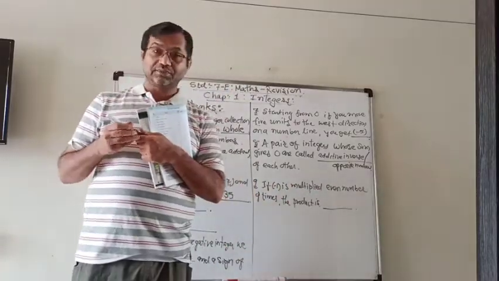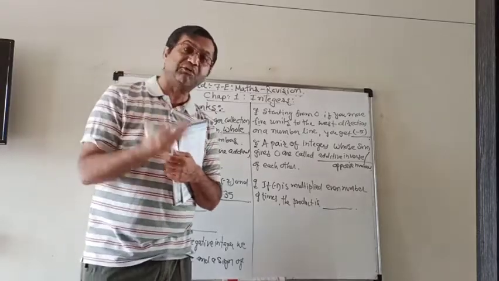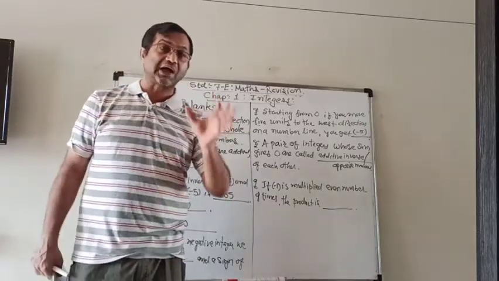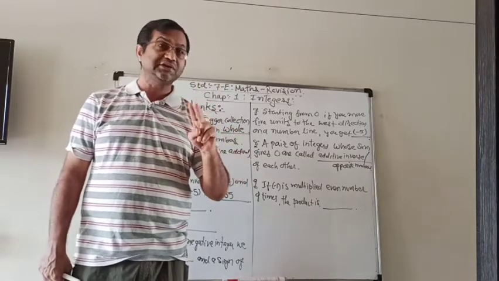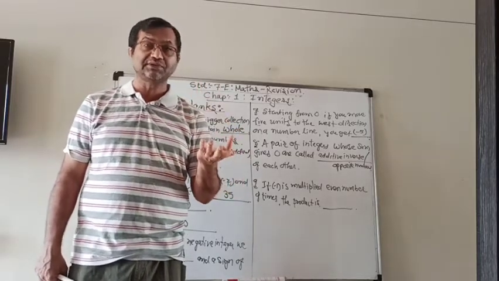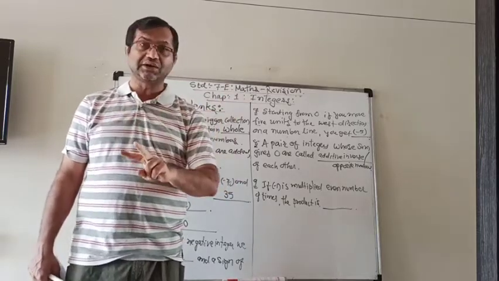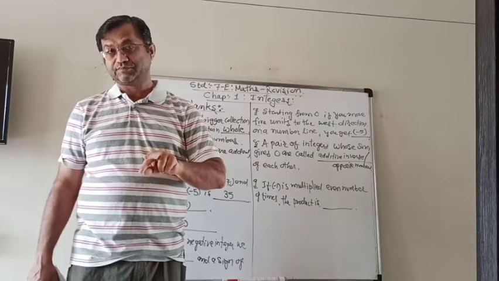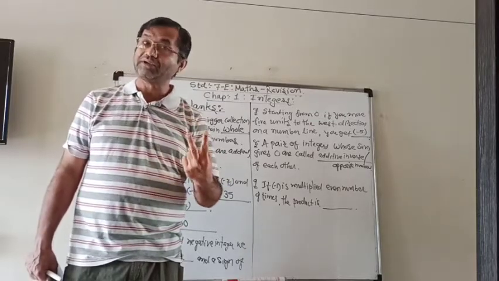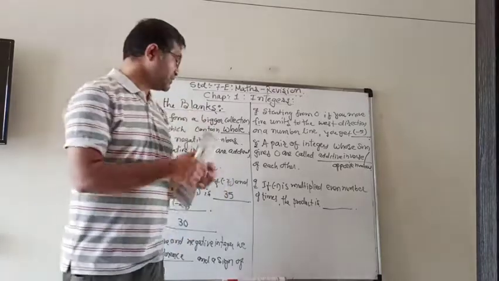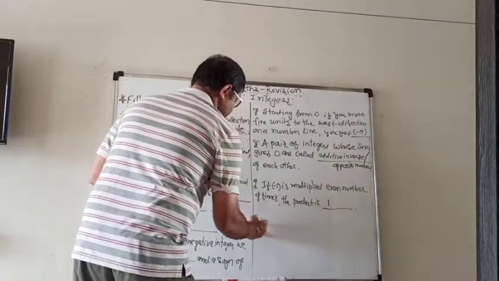So -1 multiplied by -1 multiplied by -1. If it is even times, means 2 times, 4 times, 6 times, we know that when negative integers are in even times, the answer is positive. 1 1 1 1, the answer is 1. So either 1 or minus 1. But when they are even numbers, 1. Odd numbers, minus 1. So here the answer will be 1.